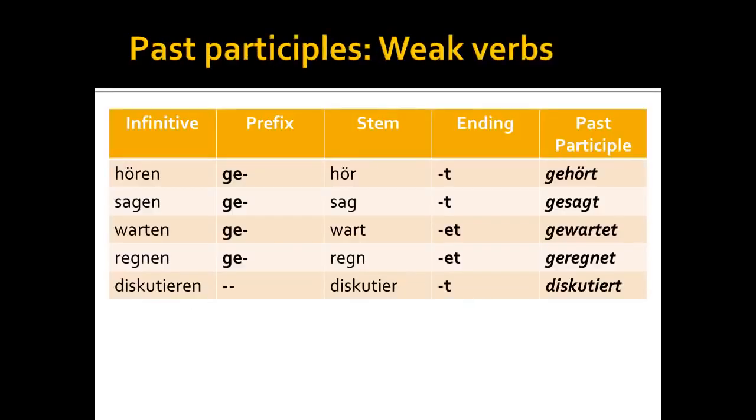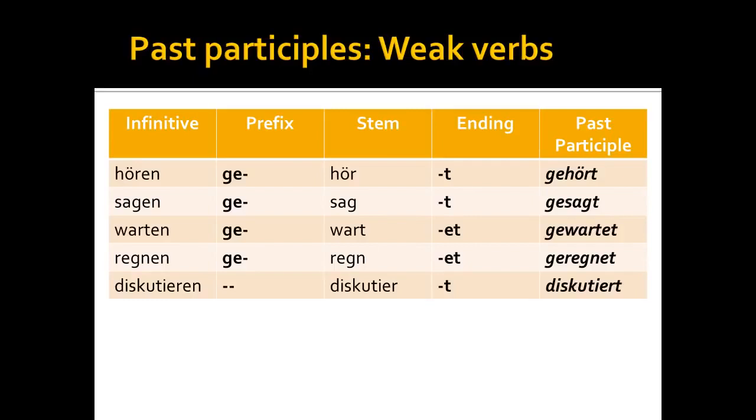Just as a way of quick review, the past participles of weak verbs are generally formed by removing the stem of the verb, for instance, hören, removing the stem hör, adding a ge prefix to it, and a suffix or an ending, a t or an et, depending upon the nature of the verb stem.